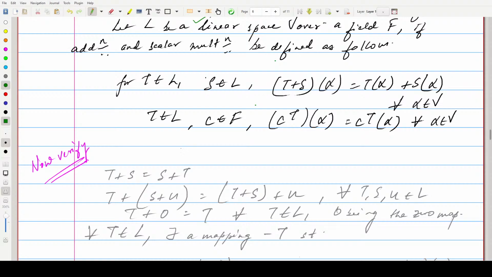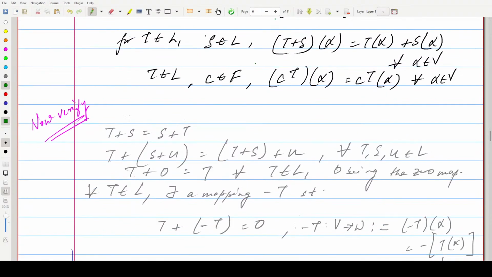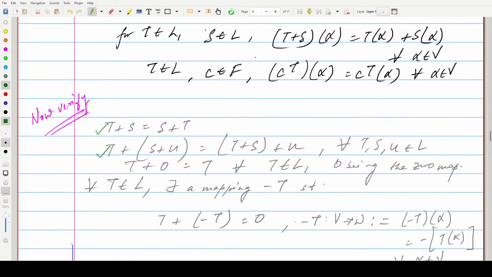Now, how do we say whether it is a vector space or not? We say that T plus S is equal to S plus T, which is our commutativity, and then we have associativity. Then we have something called a zero, which is the zero map, and that is essentially the identity element.